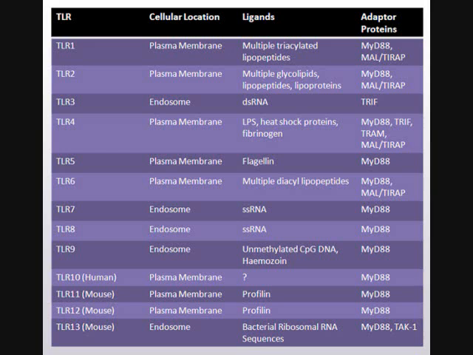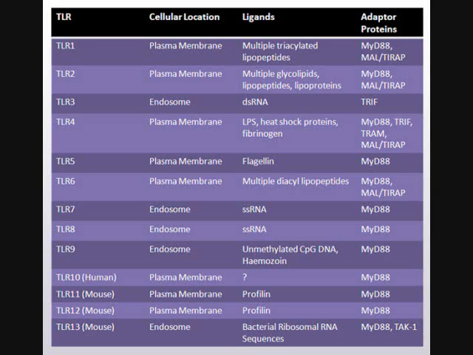TLR3, 7, 8, and 9 recognize viral nucleic acids and induce type 1 IFNs. The signaling mechanism leading to the induction of type 1 IFNs will differ depending on which TLR is activated. They involve the interferon regulatory factors, which are a family of transcription factors that are known to play a role in antiviral defense, cell growth, and immune regulation.